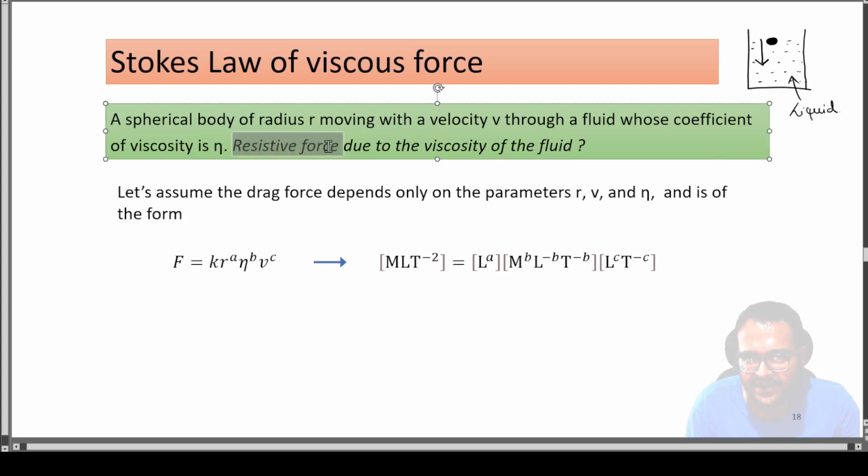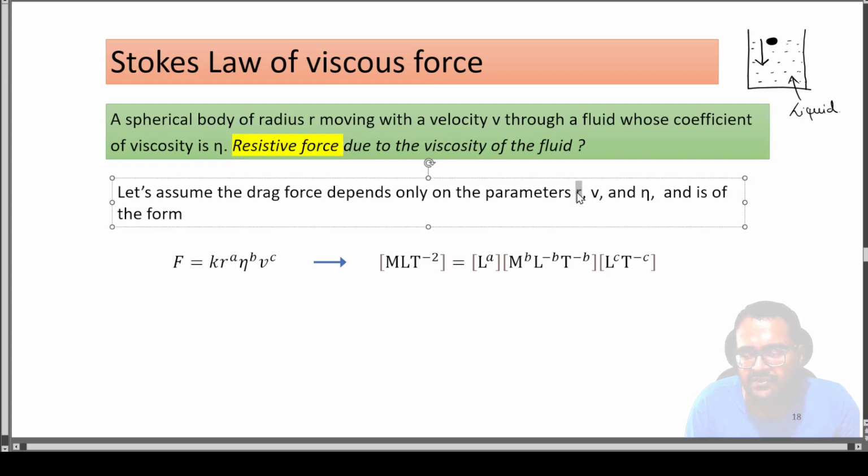I'm trying to find the resistive force, right? So the force could be a function of r, the radius of the particle, and the velocity v of the particle. Eta is the characteristic of the fluid, how much force the fluid itself imparts. Eta is an estimation of that.